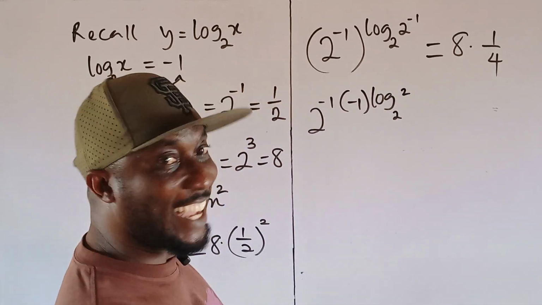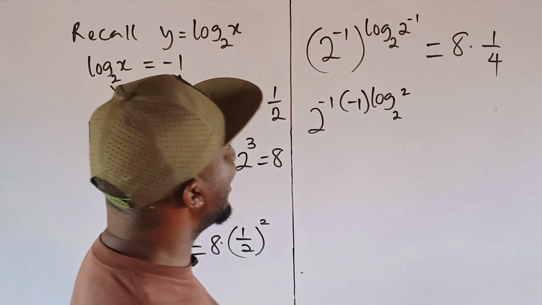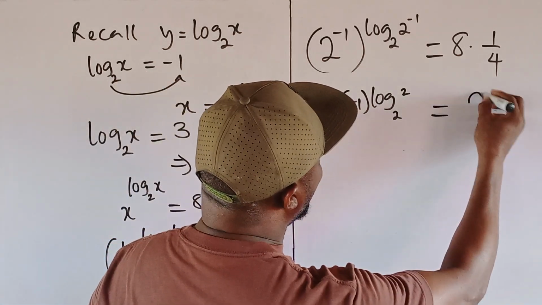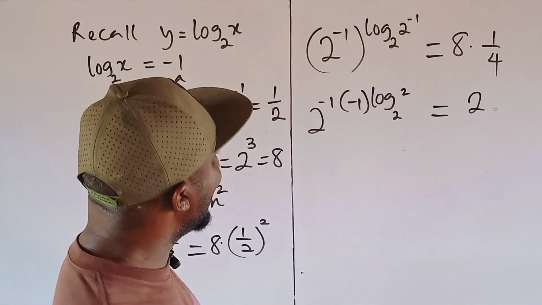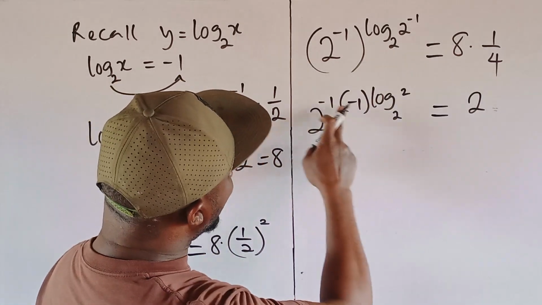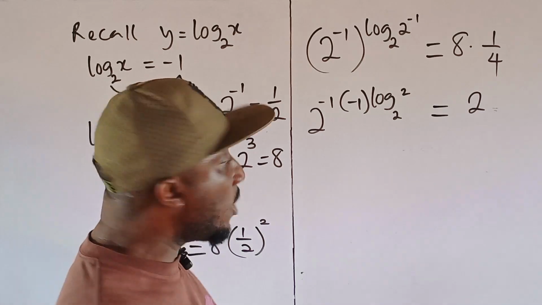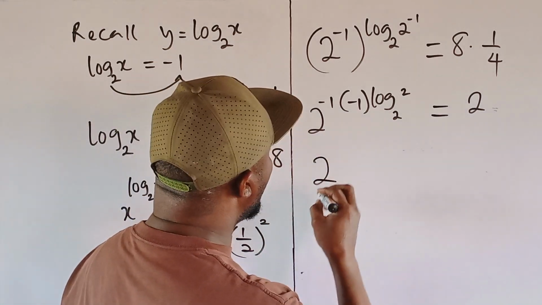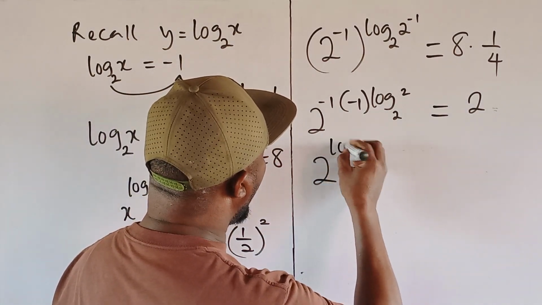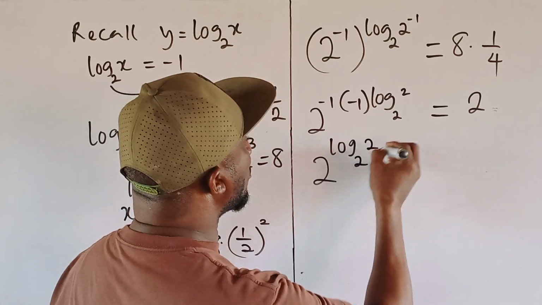As you can see here, guys, we are making giant strides. Is it going to be equal to 2, which is on the right hand side? So negative 1 multiplied by negative 1 gives us 1. We're going to have 2 raised to log to base 2 of the argument 2.